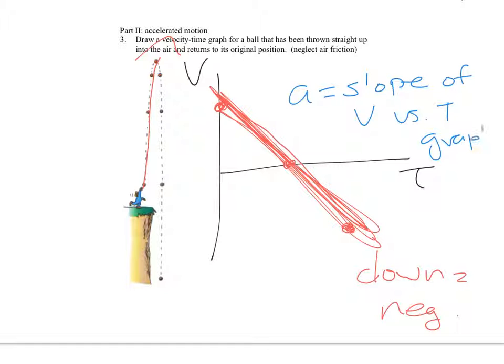And if this is on Earth, I actually know what that slope is going to be numerically. It's going to be about negative 10 meters per second squared. That is the acceleration due to gravity. That's what is accelerating this ball as it goes up and down. It is changing its velocity by 10 meters per second every single second in the downward direction.